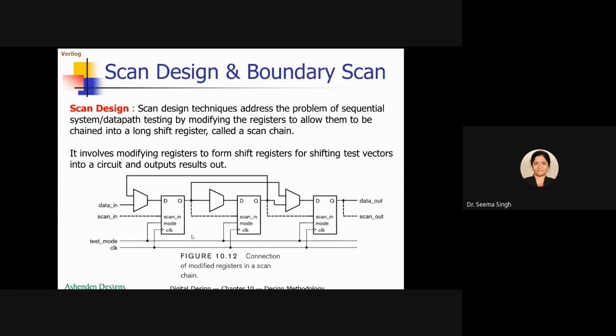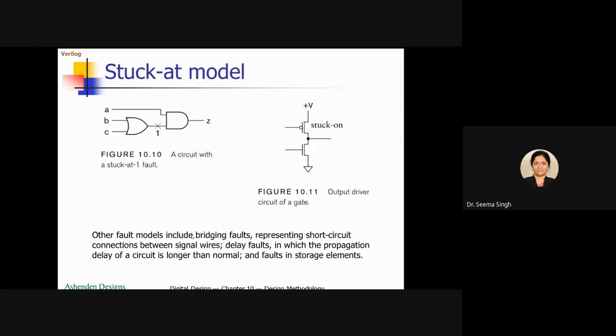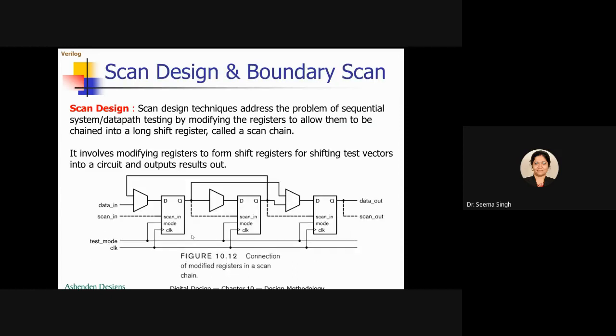Why is scan design important in a sequential system? Because you saw in the previous case, this was an example of combinational circuits. Combinational circuit means if you have a different test pattern, it will be able to detect the fault. But what happens in a sequential system? It depends upon the path of the signal.